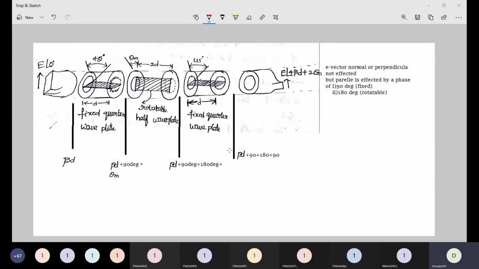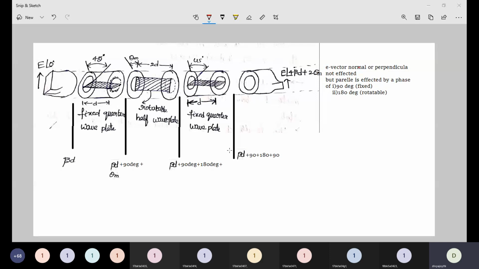So those two components with a phase difference of 90 can be resolved into two further components, making a total of four components, where one pair will be parallel to the half wave plate and another pair will be perpendicular to the half wave plate. The resultant of the pair which is perpendicular to the half wave plate will have a phase angle of beta d plus theta m, because as it is perpendicular, the rotatable waveguide is not going to produce any kind of phase shift.